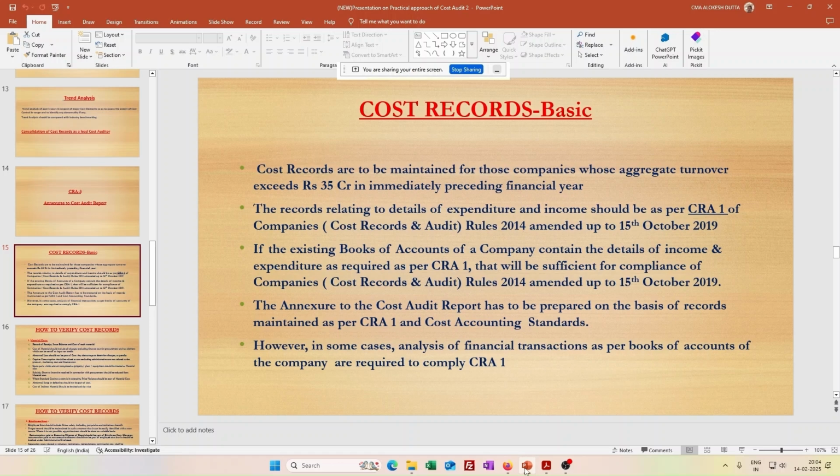That means if any company under drugs and pharmaceutical industries has a total turnover exceeding 35 crore in any particular year, it has to keep the cost record from the subsequent financial year.